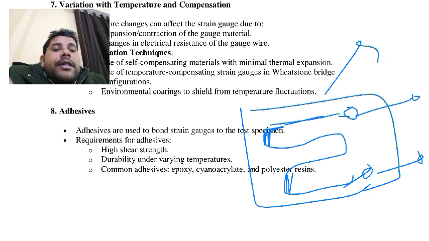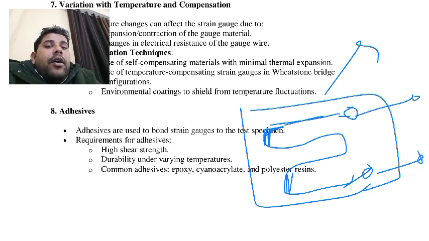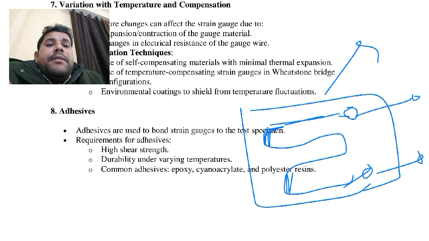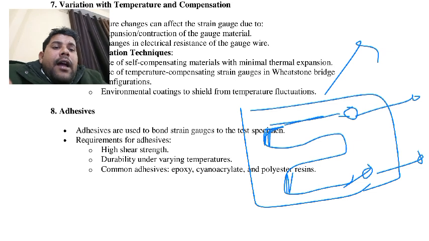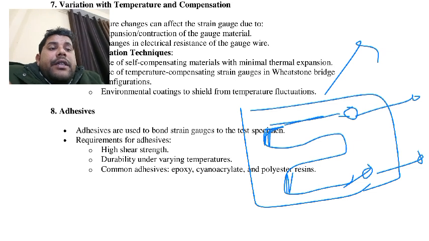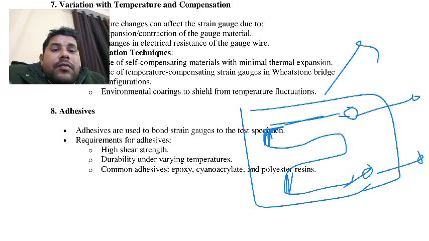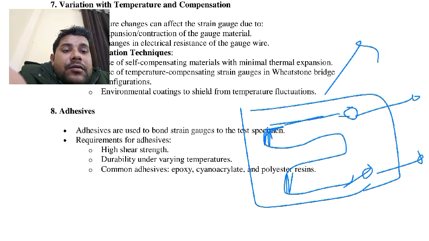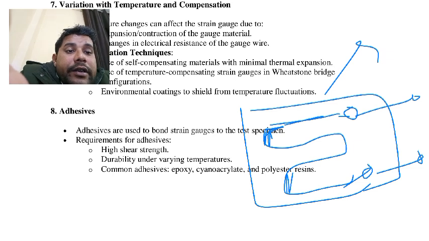A requirement for adhesive: high shear stress. When a force or pressure is applied, it must withstand more and more stress. Second, durability under varying temperature conditions. Common adhesives are epoxy, cyanoacrylate, and polyester resin.